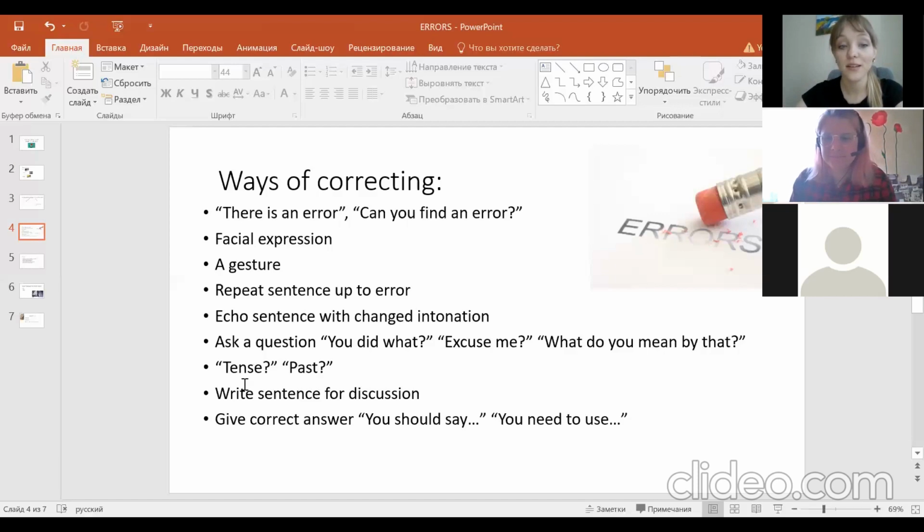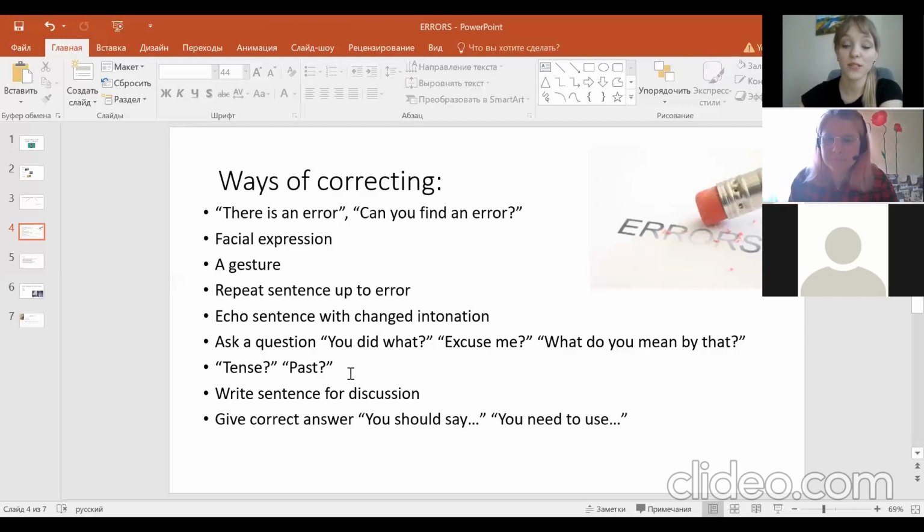Or you can say the tense. So the student has to think about the tense, or simply "past." Or like, "I go to the cinema yesterday." "Present." Yeah. Do you use this technique? Yes.